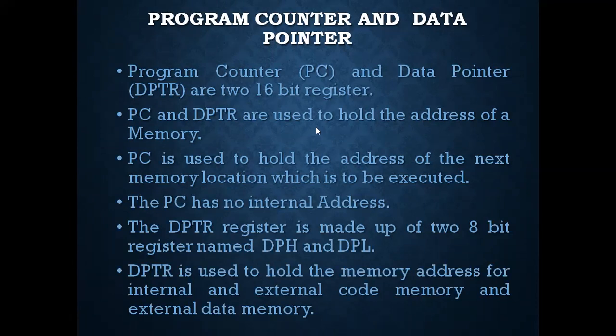External code memory means external program memory and external data memory. So whenever we are connecting some external memory for writing a program or storing data, we can access this data pointer register.